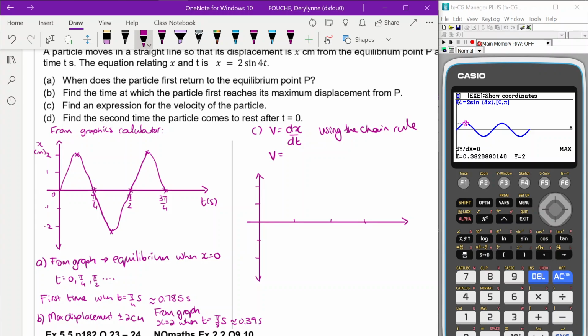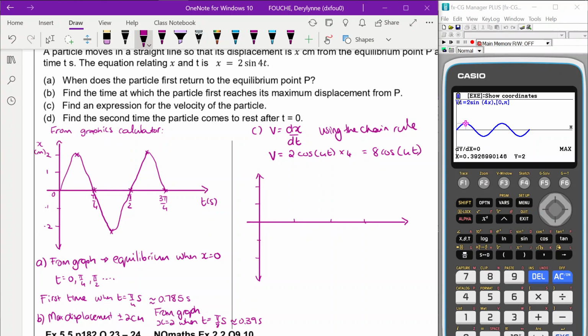So we have that V is equal to 2 cos of 4t multiplied by 4, and that's going to be 8 cos of 4t.